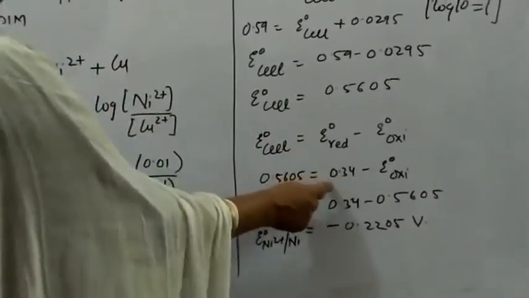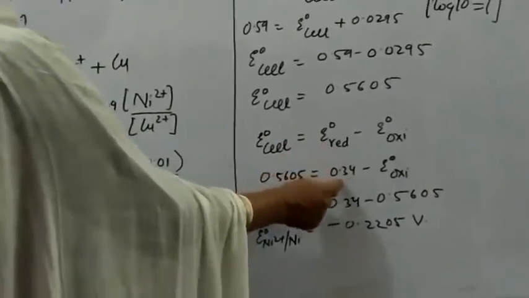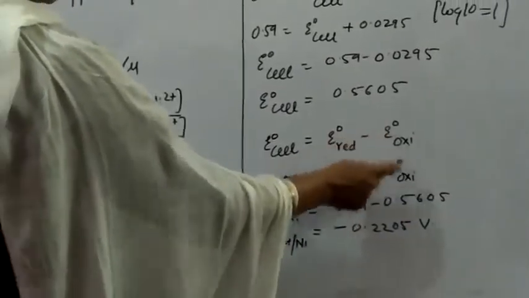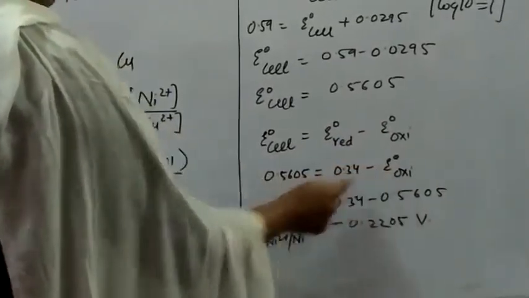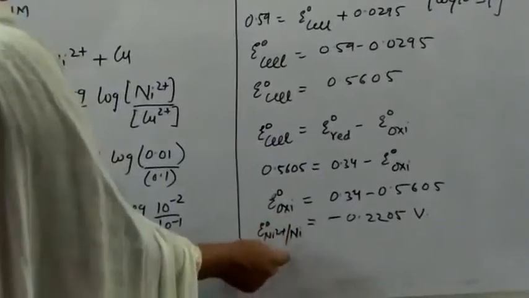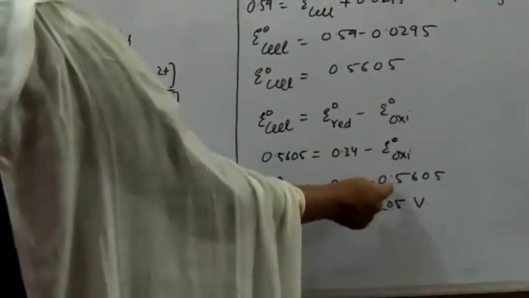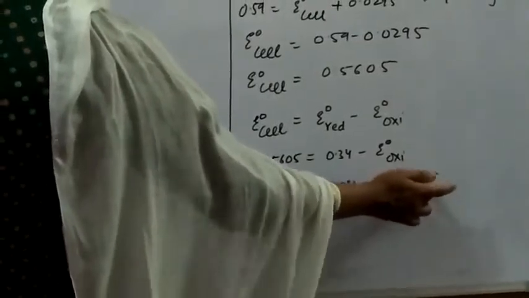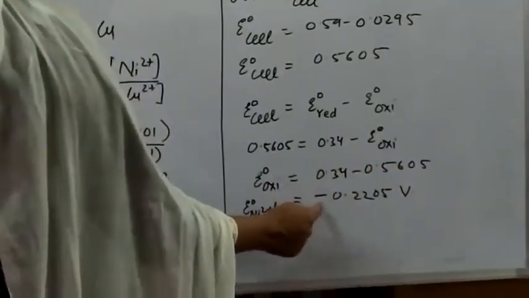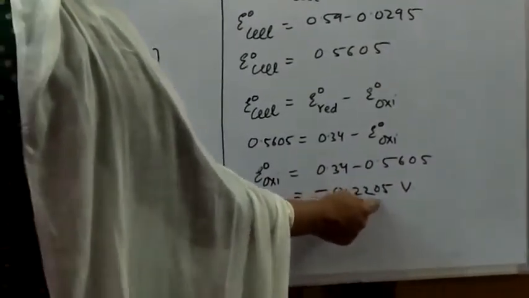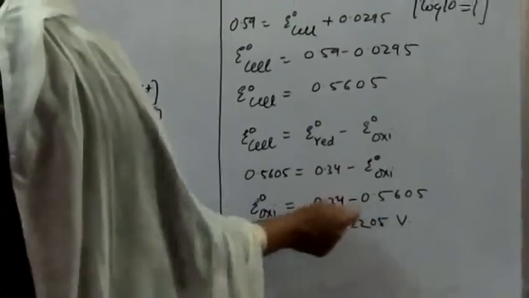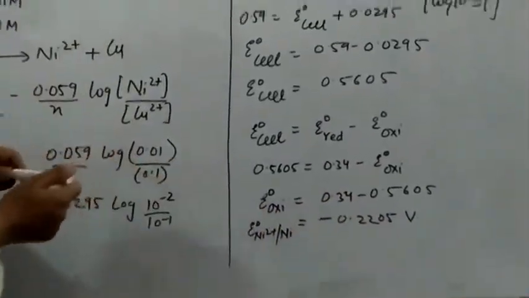So its standard electrode potential is 0.34 minus E naught oxidized. This E naught oxidized is actually the nickel electrode, so it equals 0.34 minus 0.5605. On subtracting we get minus 0.2205 volt. Now this is the electrode potential for the nickel electrode.